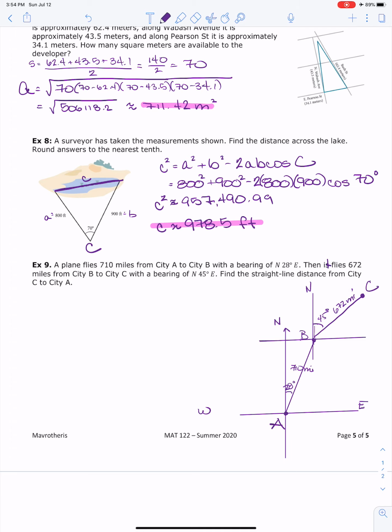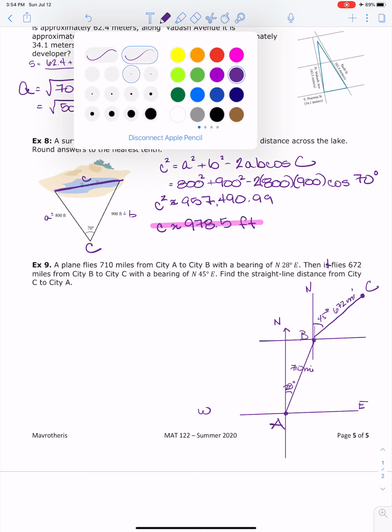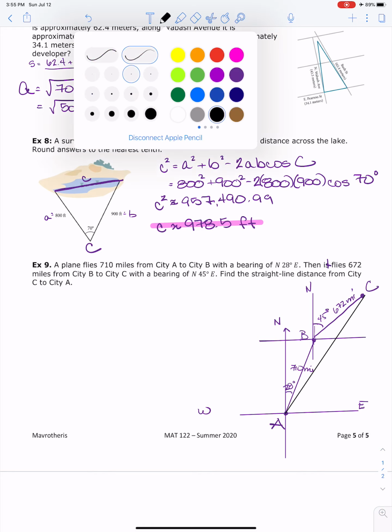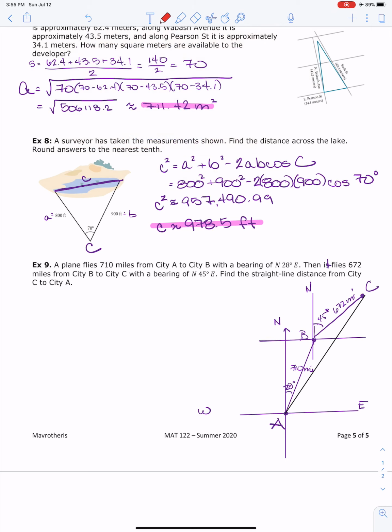So I want the straight line distance from city C to city A. So I am looking for this length, which means I've got this obtuse triangle. I don't know what this angle is, so I kind of have to figure that out.